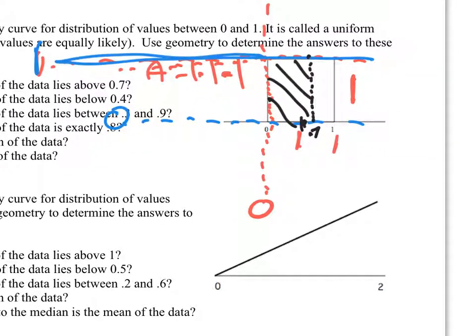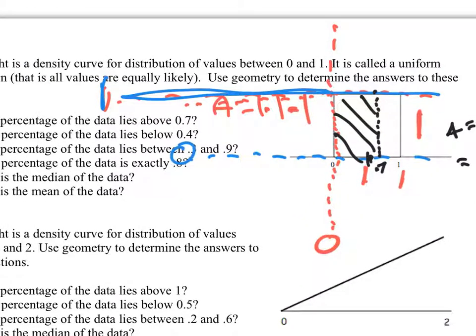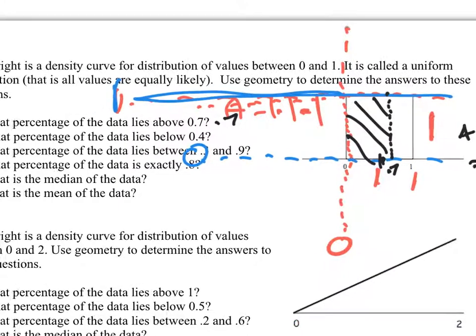That's area. So I can do my math. Area would be, help me out, 0.7 times 1, which is 0.7. So there's your first answer. So I'll write it there somewhere, 0.7. Hope they're all that easy.